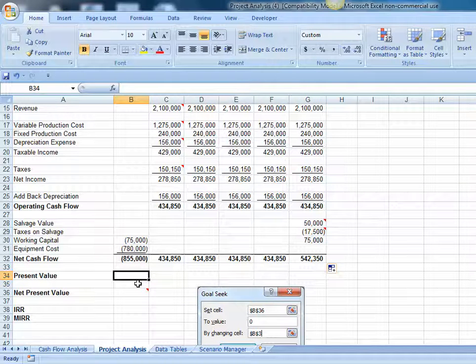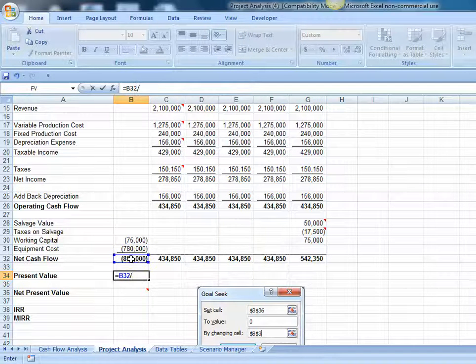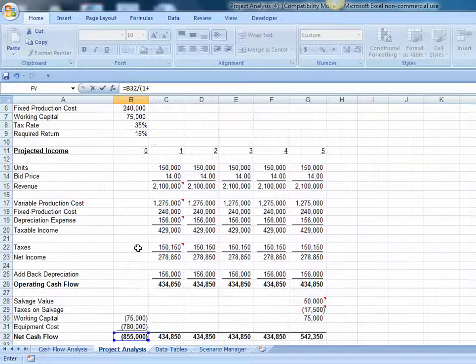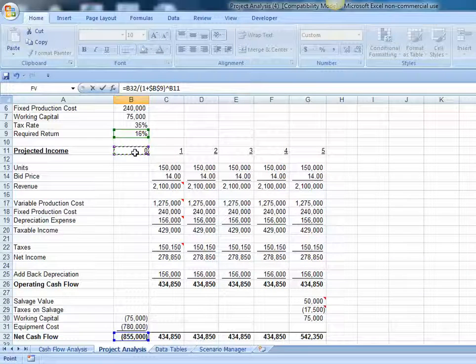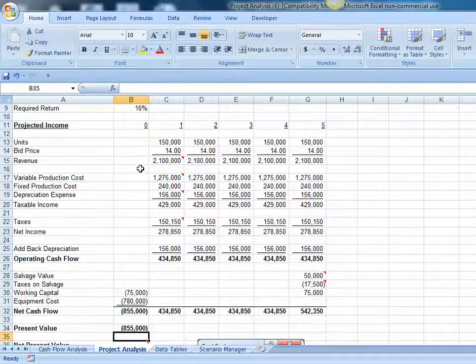Next, we need to calculate the present value. That's simply equal to the future value divided by the quantity 1 plus R, our interest rate, our required rate of return of 16%. Anchor that because we're going to keep coming back there to the, in this case, 0 power for the time 0 cash flow, and we can hit enter.